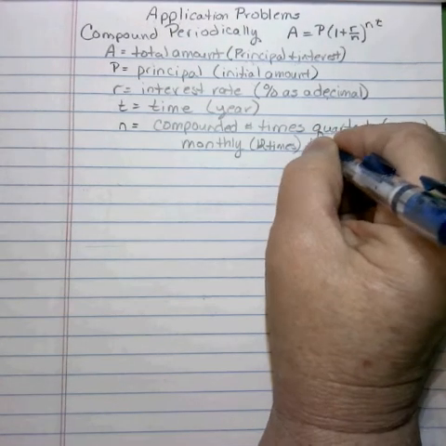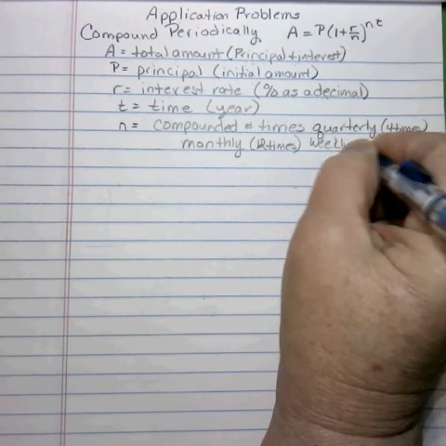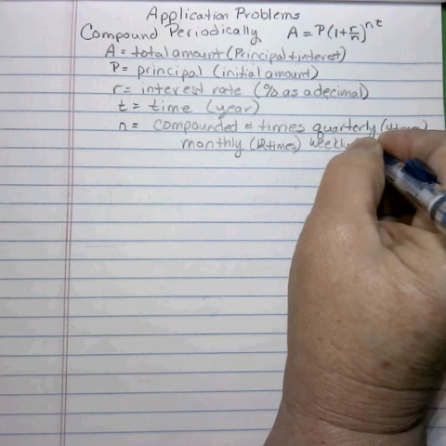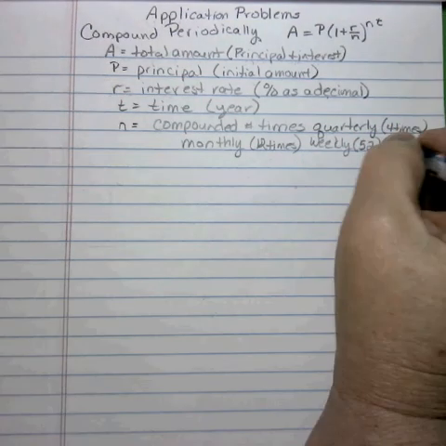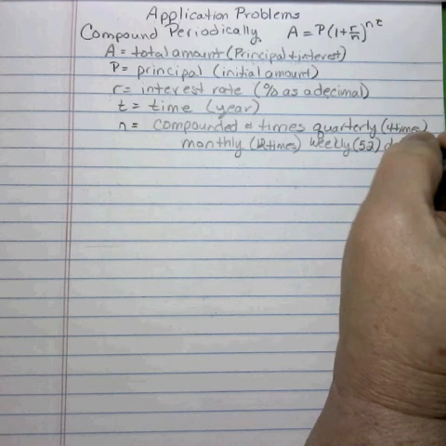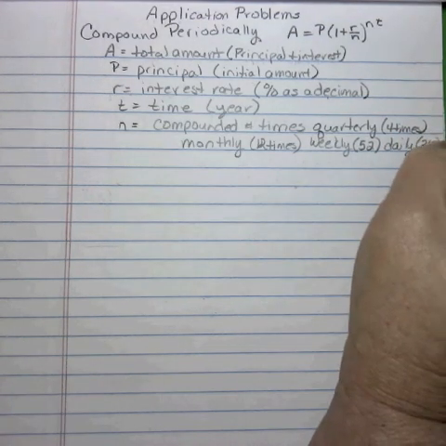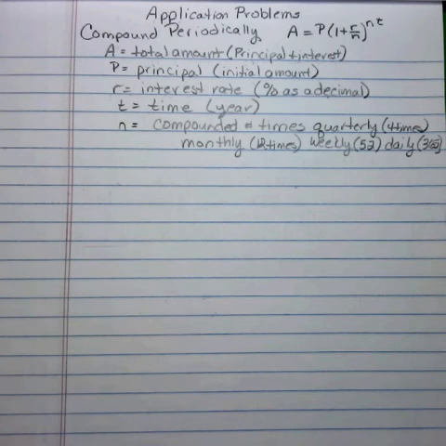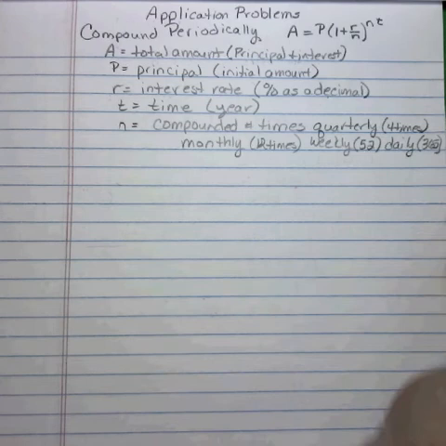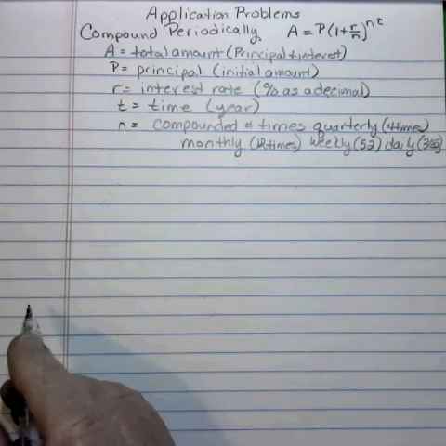If we have weekly, of course, that means 52 times. And we also have daily, which we use 365. Occasionally, some people will only use 360, but sometimes that number is adjusted accordingly.